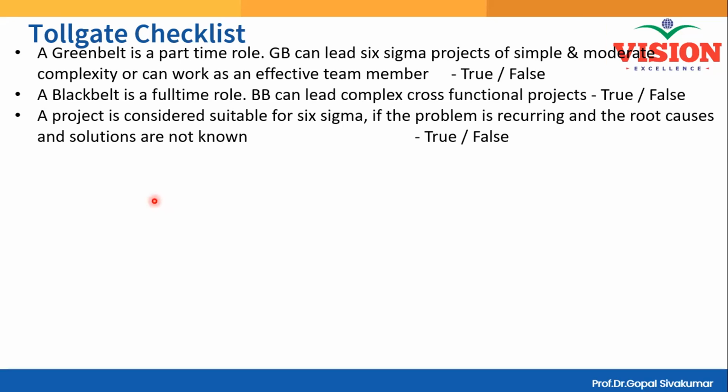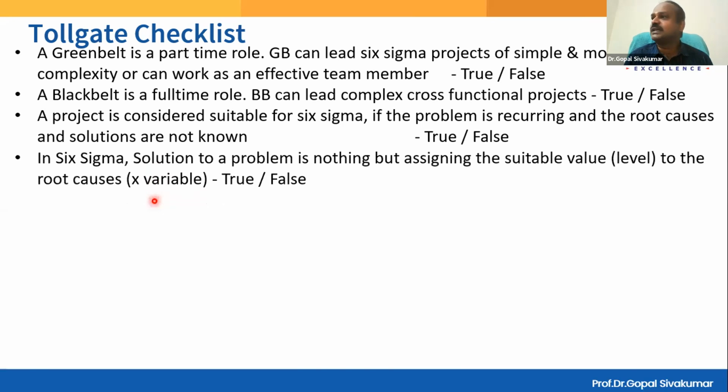Yes. So, in Six Sigma, the solution to a problem is nothing but assigning a suitable value to the root cause. The value is called a level. You are setting a level. For example, the valve opening can be completely closed, partly closed, or fully open.